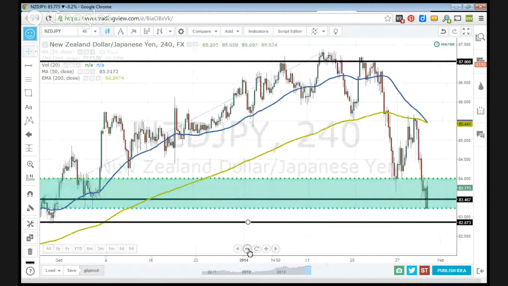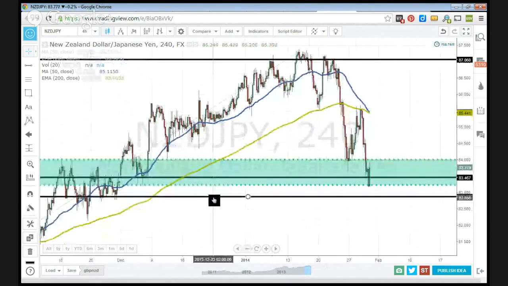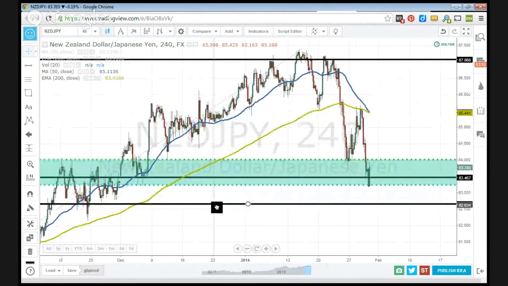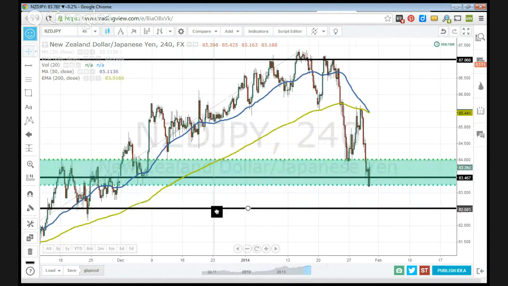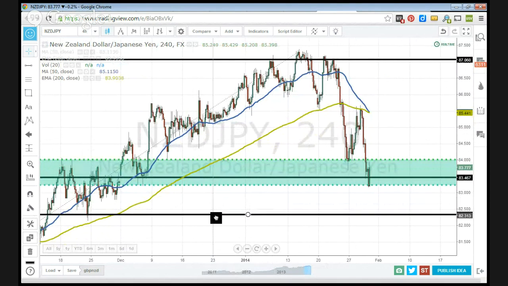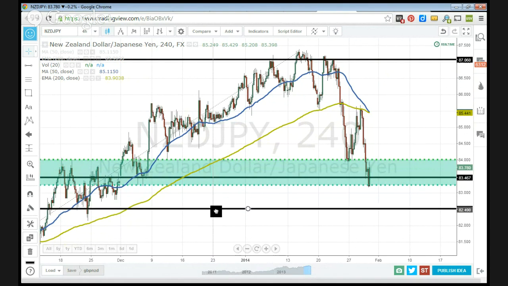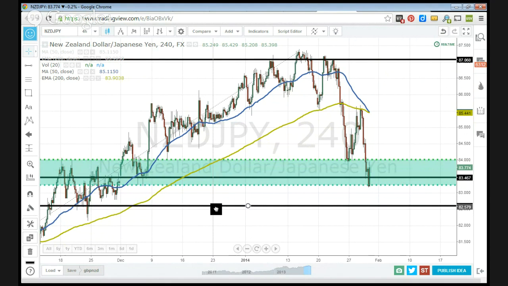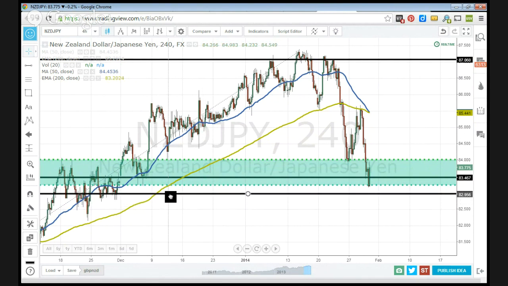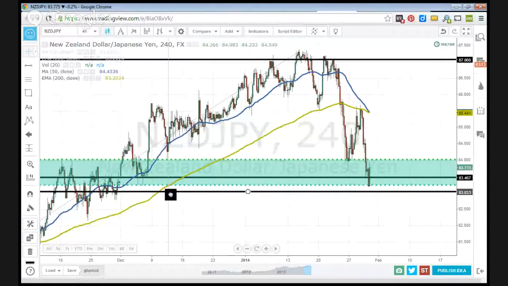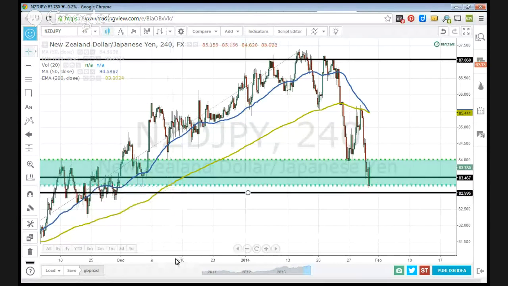Let's zoom out a little bit. So we'll put the stop at 83.